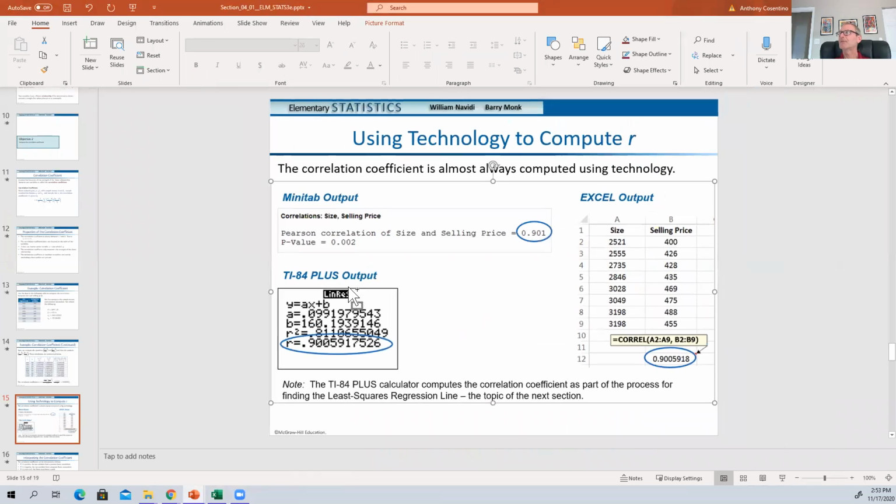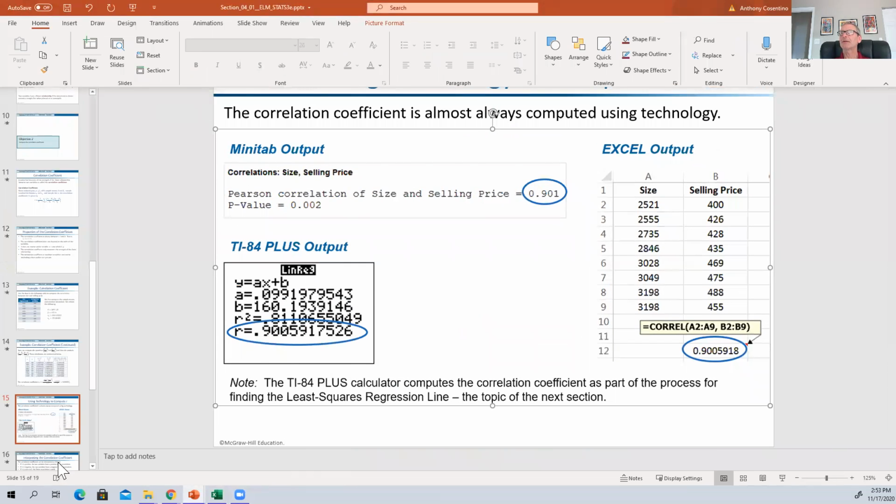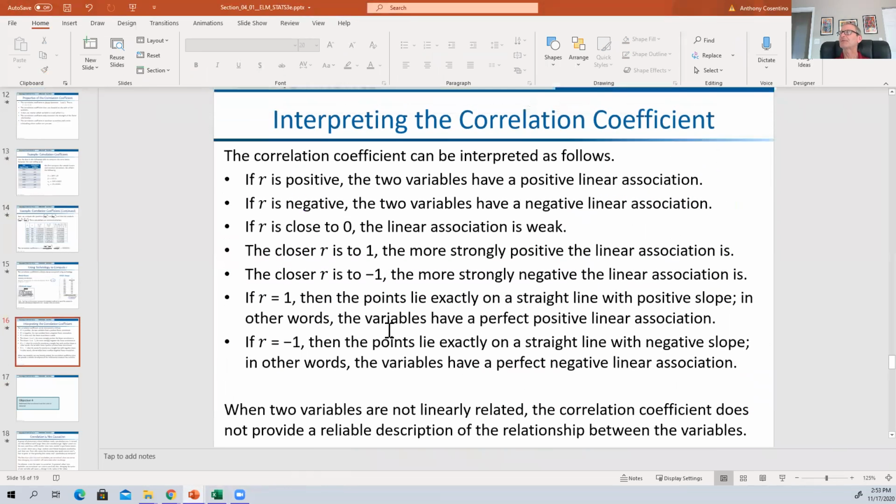Another thing that's important is this relationship, and this slide is very good. Slide 16 here gives you that R is going to be positive if the slope's positive, and R is negative if the slope is negative. Ideally, the closer the number is to the absolute value of 1, the better the correlation, and the closer to 0, the weaker the correlation.